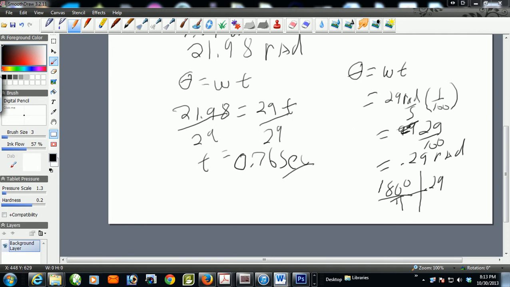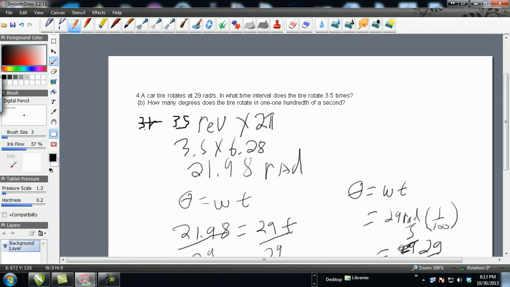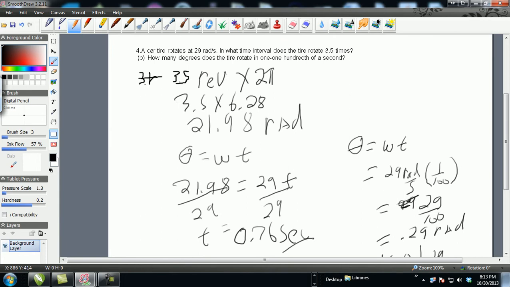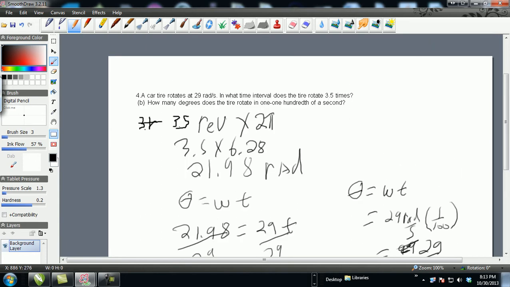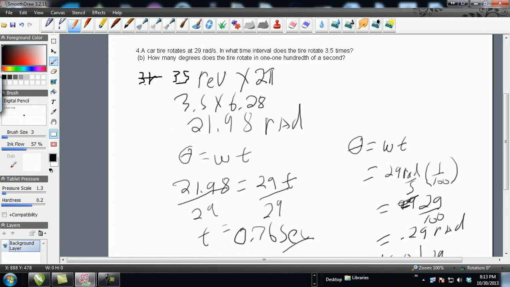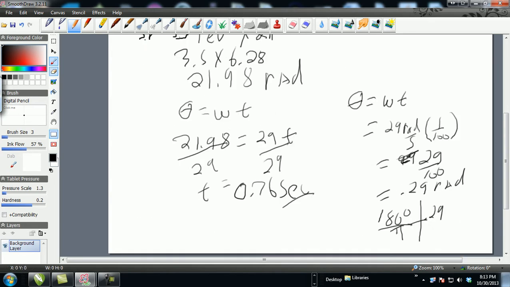I'm checking it to make sure. 0.758 seconds. I like that answer. But let me check my math over here real quick to confirm that that's right. How many degrees does the tire rotate in 1/100th of a second? Oops, this should be, let's erase this.